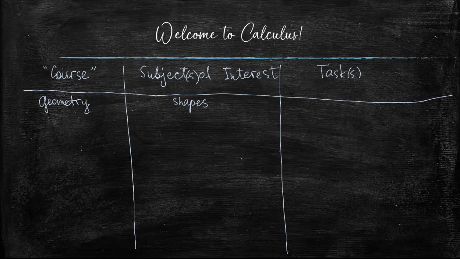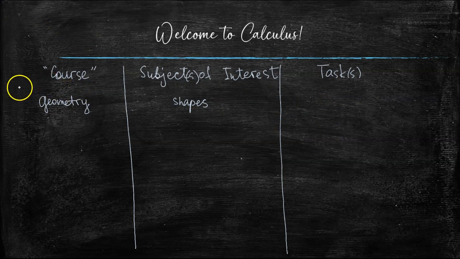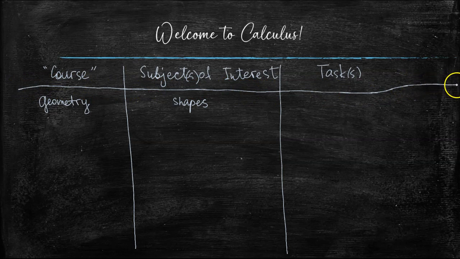What is the main task or skill that you had to pick up in geometry class? Again, I thought about it for a long time, how to summarize in one word the skill that you learned, and I couldn't think of anything better than, and usually we want to describe tasks as verbs, right? Some action verbs. Hey, I know how to, and here comes the action verb.